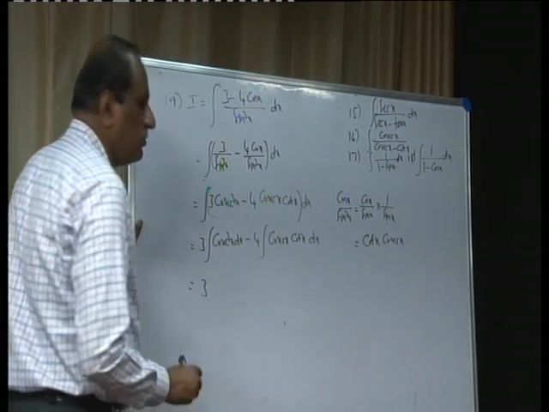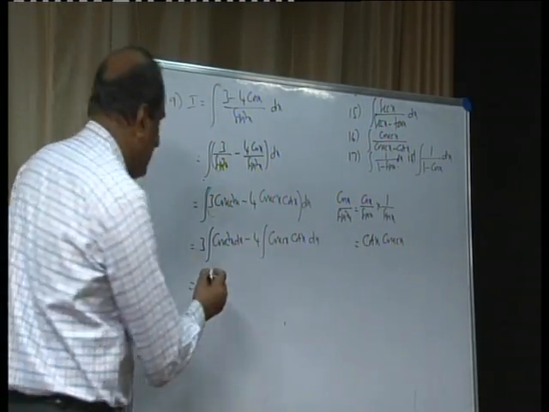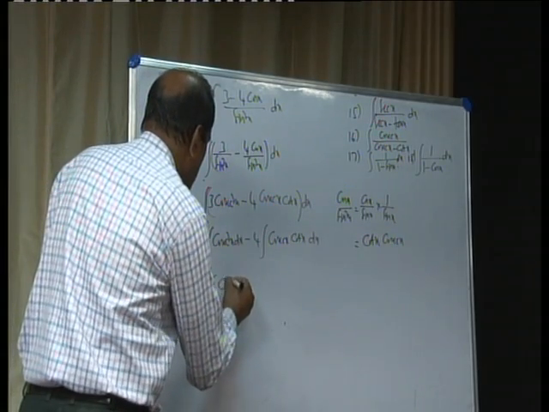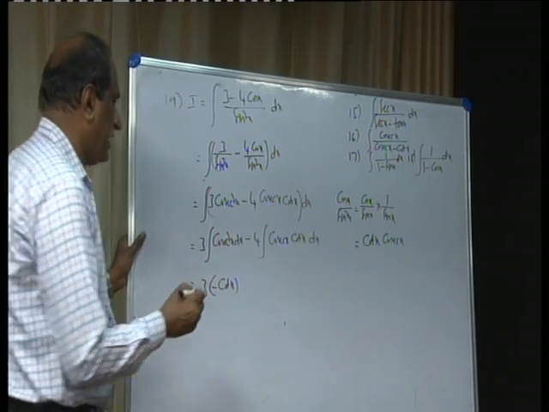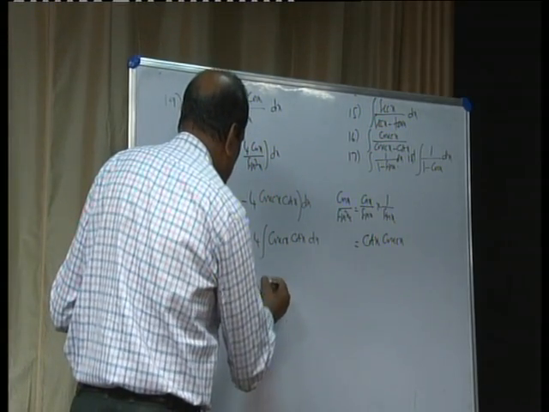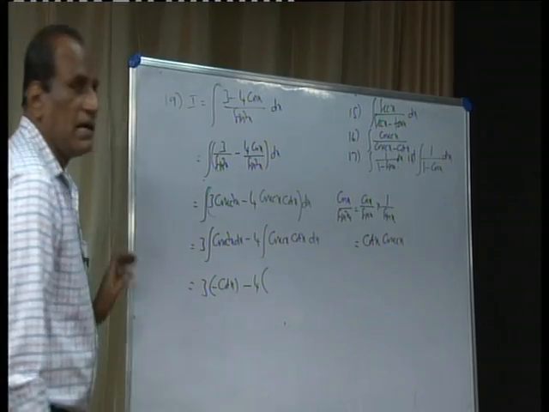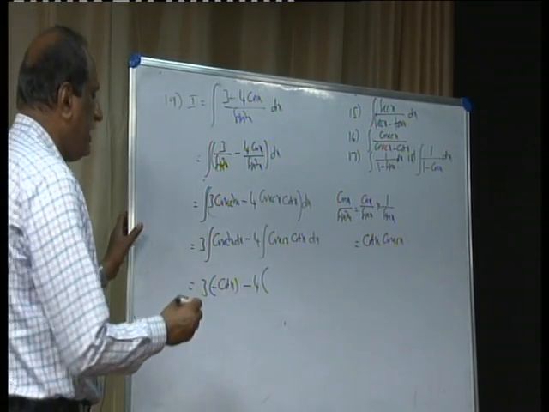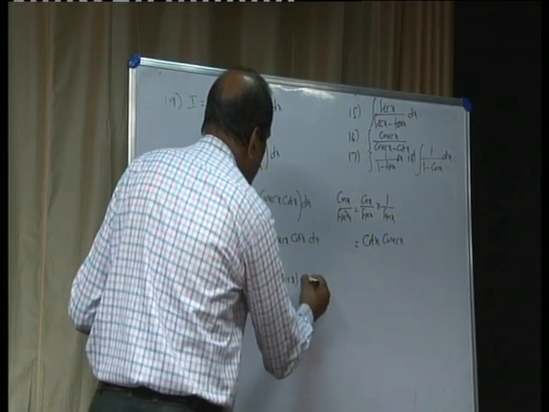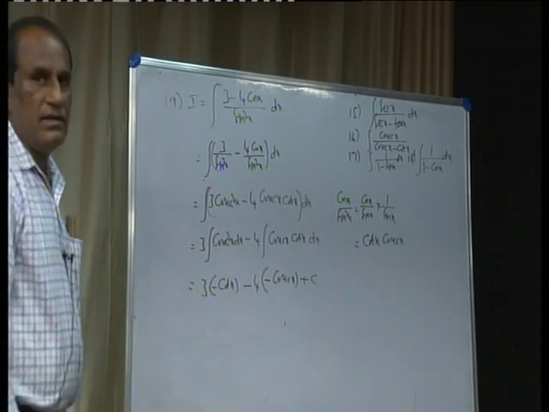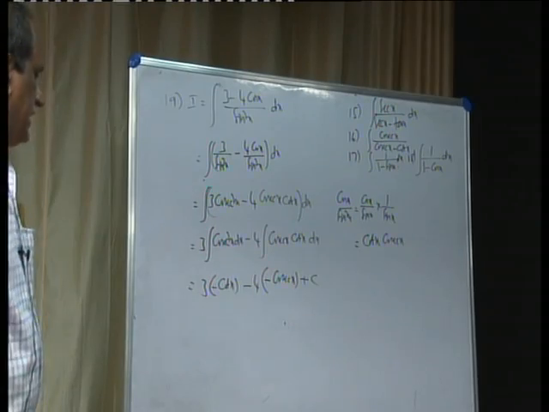3 into the integration of cosecant square x, which is minus cot x. If there is minus, write in the bracket. 3 into minus cot x, minus 4 into the integration of cosecant x cot x, which is minus cosecant x. After integration, write the constant of integration c.